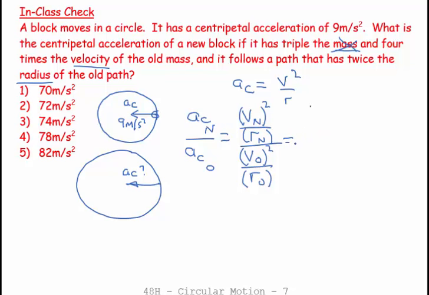So if I progress, I say, well, my AC new over, I knew the value for the old centripetal acceleration. That was 9. So AC new over 9 is equal to, and I don't know the new value of the tangential speed. I didn't know the old value either, but I knew that it's 4 times.